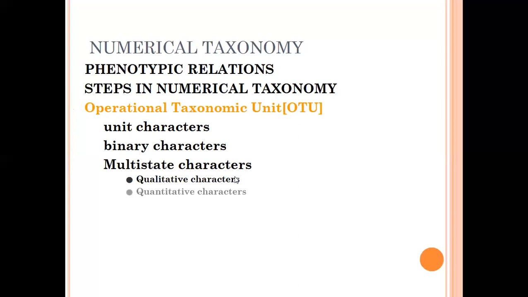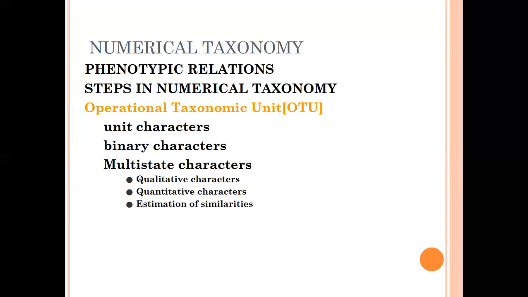And also quantitative characters, such as length of leaf, which could be 2 centimeters, 4 centimeters, 6 centimeters, and 8 centimeters. These are the multi-state characters under qualitative and quantitative characters.